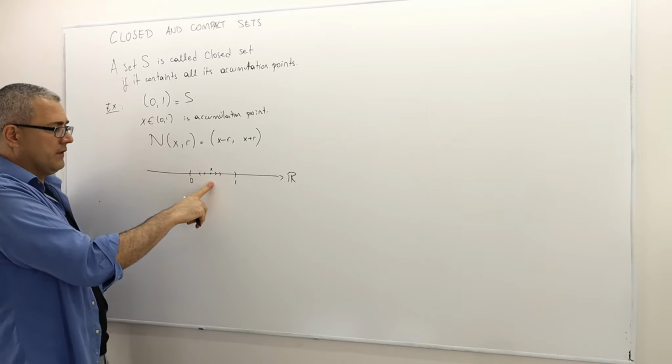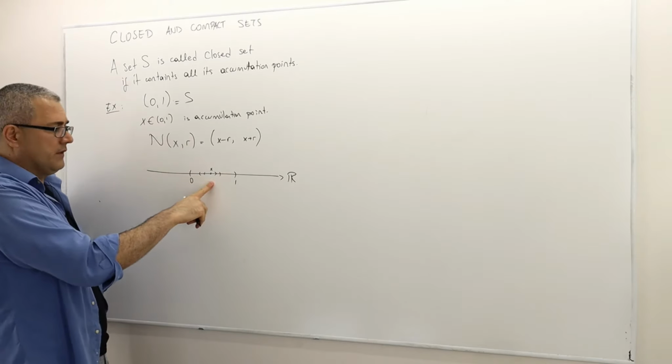Don't forget, as r gets bigger, it's going to contain the entire set S. But if r is very, very small, as long as r is positive, which we know it is, because if you remember the definition of neighborhood, r is always a positive number, this interval will always include a real number other than X itself.